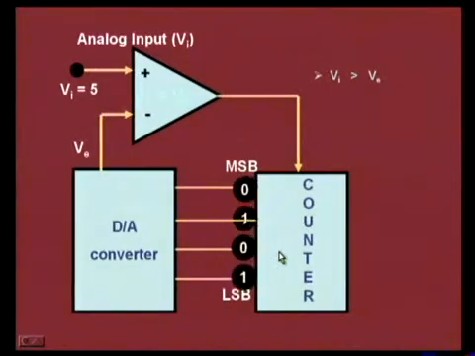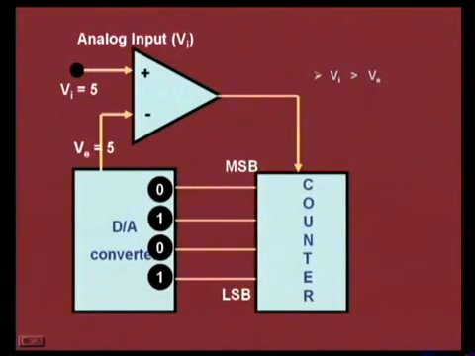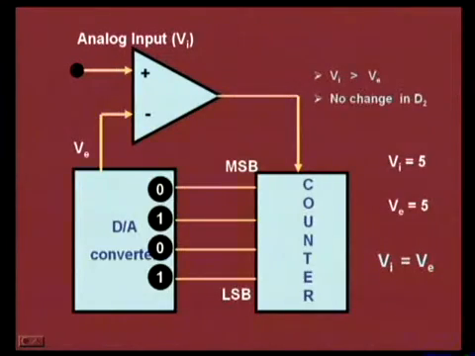Then send this into the D to A converter, find the value. It is equal to 0 1 0 1. Compare these values, input value, equivalent value. These two values have become equal.